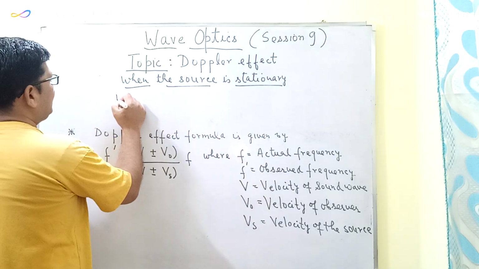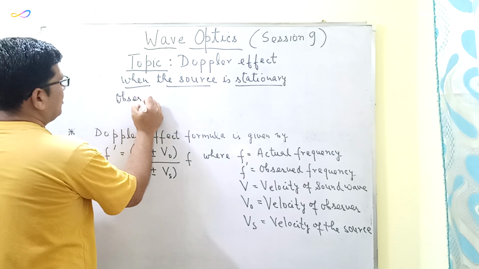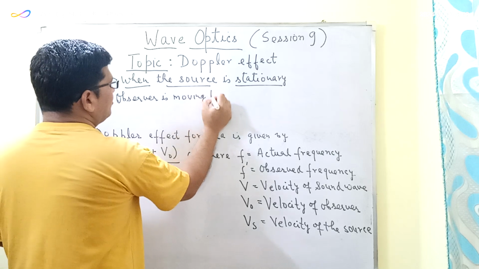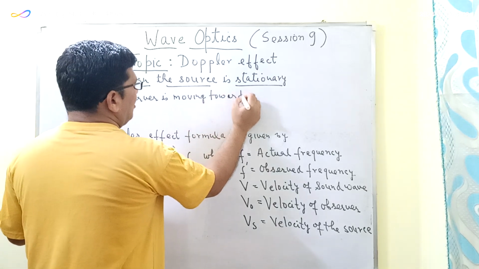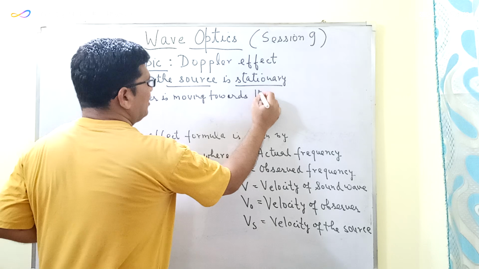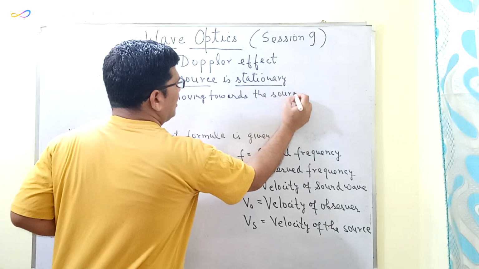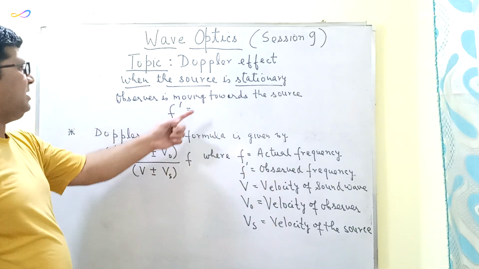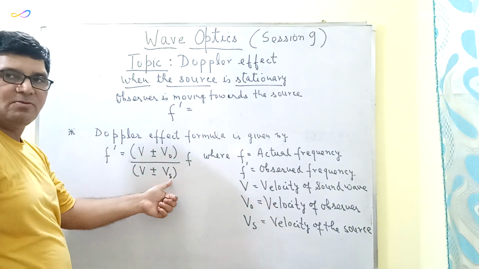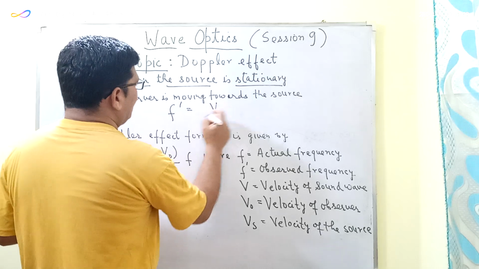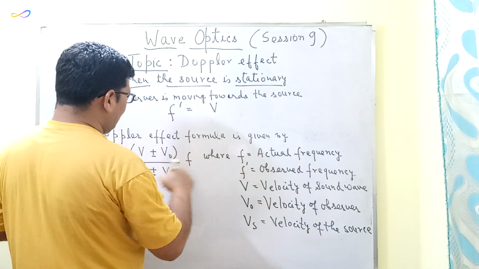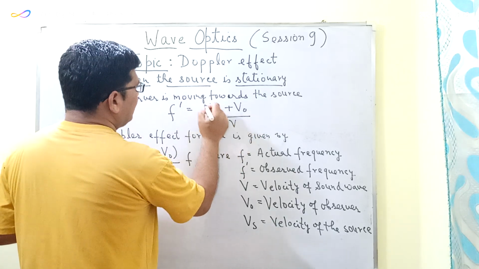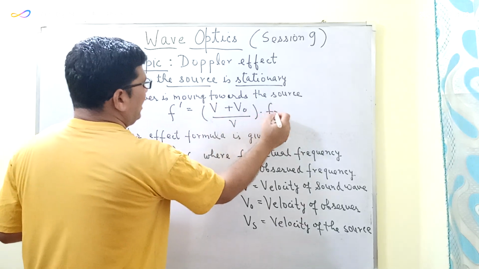So when the observer is moving towards the source, in that case, since the source is stationary, vs will be equal to 0. So what I will be getting is the observed frequency equal to (v + v₀) divided by v multiplied by the actual frequency.